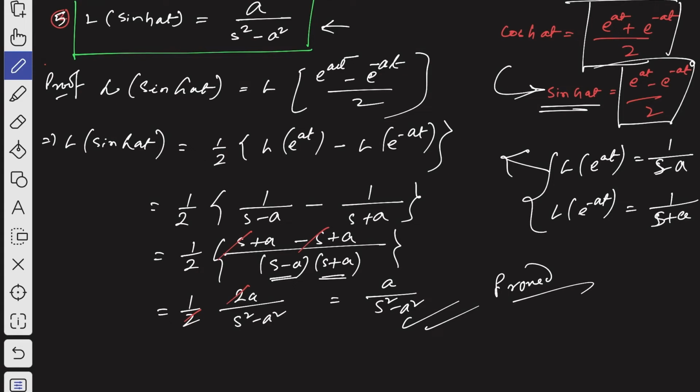Okay, so what will be the next formula? Let me scroll down the page. So sixth. The next formula is Laplace transformation of cos at, not hyperbolic, only cos at. Cos at is equal to s by s square plus a square.